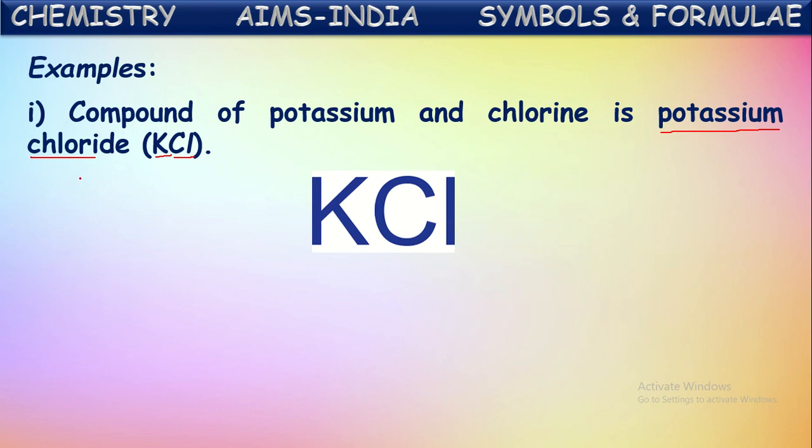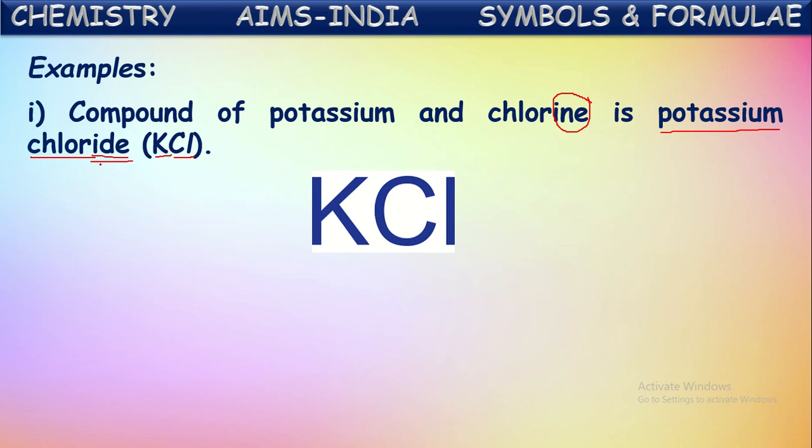Now at the end of the non-metallic element's name, ide is attached by eliminating one or two letters from the chlorine name. See here, in the name chlorine, the "ine" is removed and ide is attached. Now it became potassium chloride.